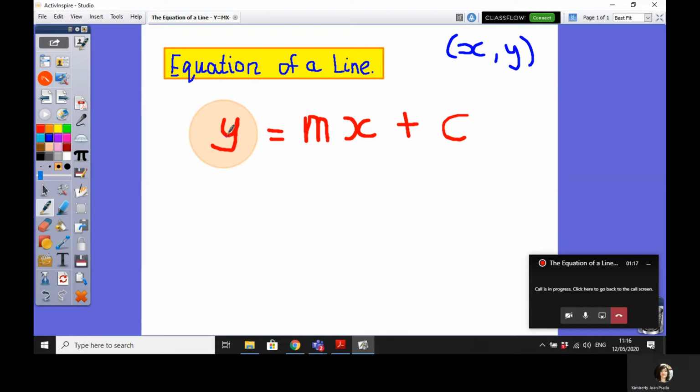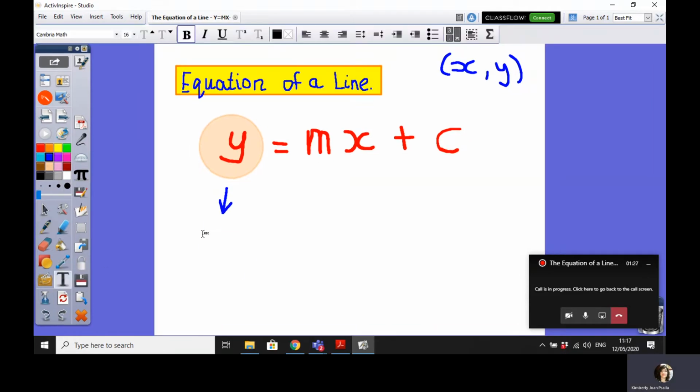Therefore this y shows you the y value of this coordinate. So our y here represents the y coordinates. So that is our first letter.